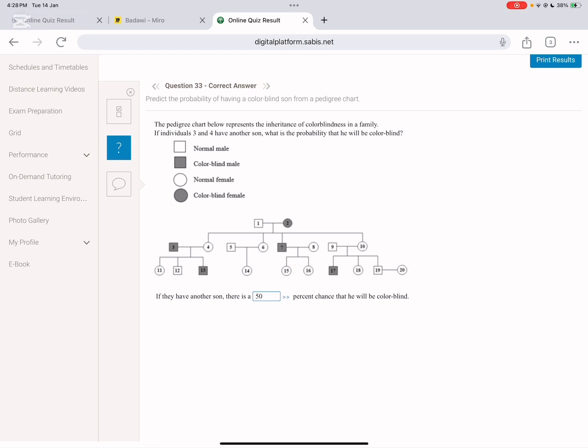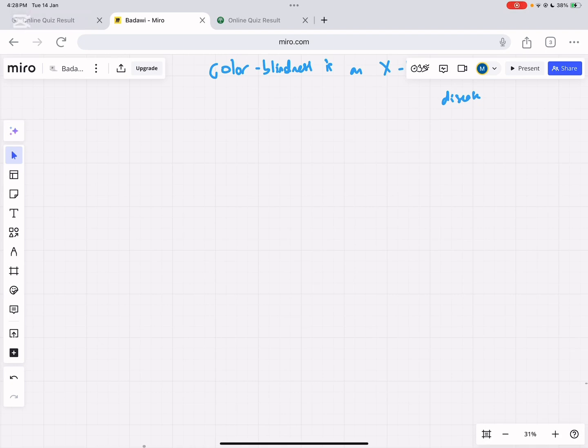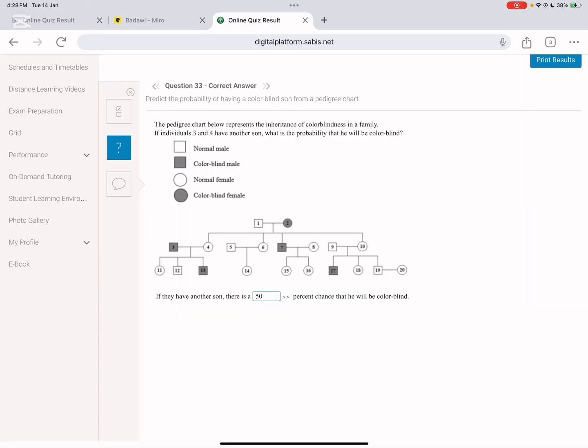So we assumed that colorblindness is an X-linked recessive disease. Since it is an X-linked recessive disease, what are the genotypes of individuals 3 and 4? The colorblind male is going to be XaY. For the female, individual 4, how do I know her genotype? I look at her parents, individuals 1 and 2.